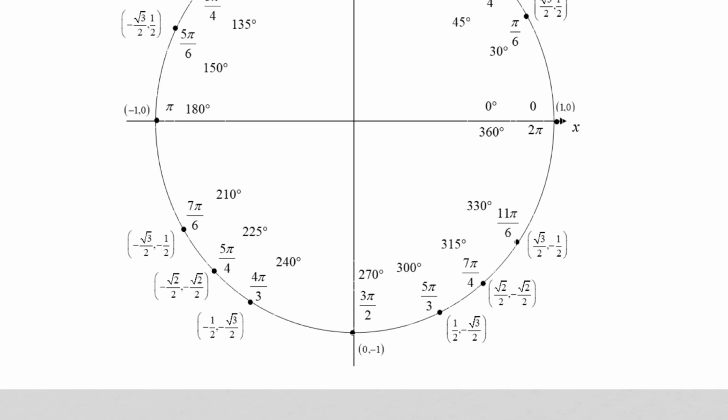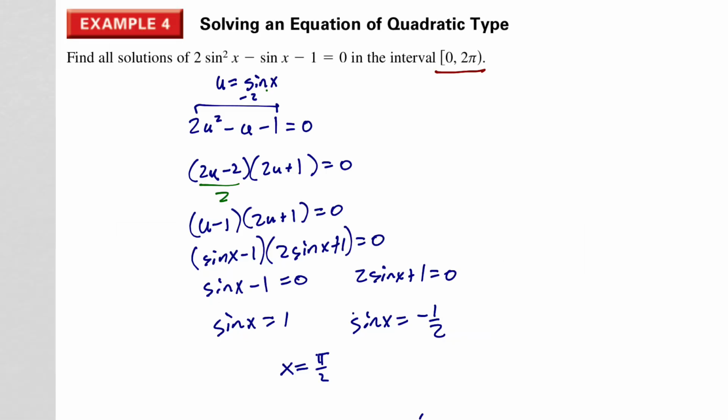Sine, notice, is negative 1/2 here at 7 pi over 6. And it's also negative 1/2 here at 11 pi over 6. And that's once around the unit circle. So 7 pi over 6, 11 pi over 6. And those are all the solutions that are between 0 and 2 pi.